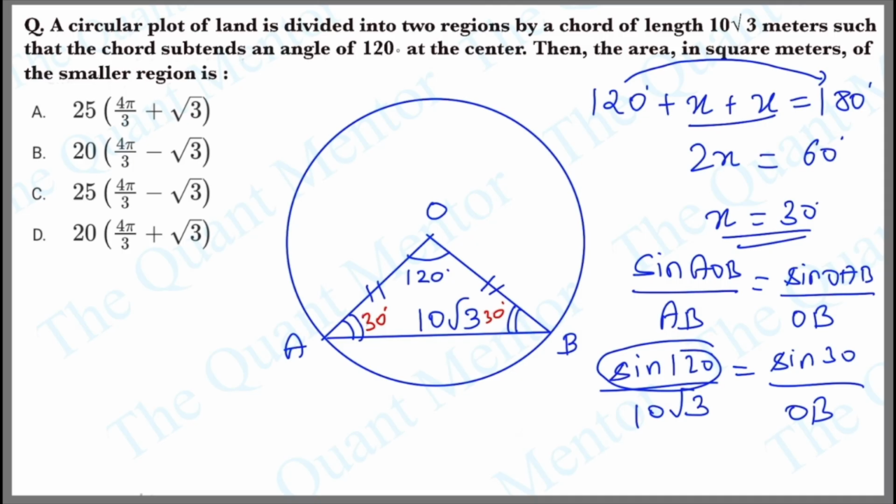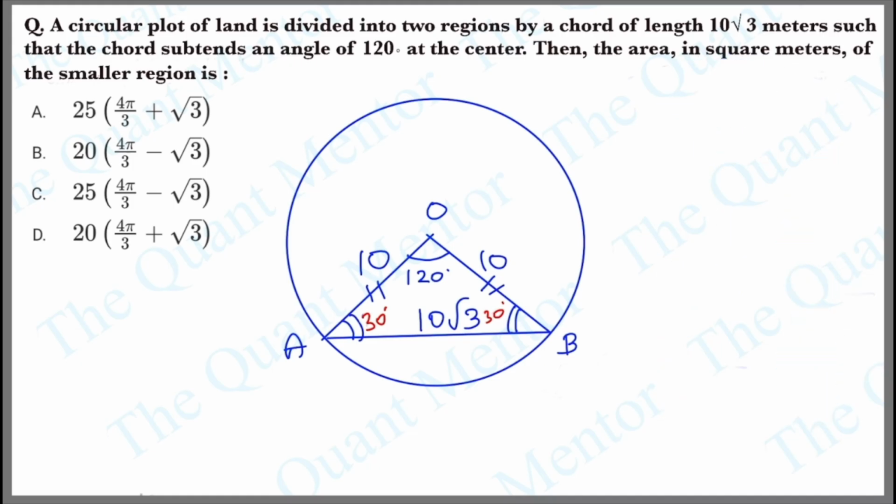Sine 120 will be the same as sine 60, or root 3 by 2. And sine 30 is nothing but half. So 2 and 2 will get cancelled out, and root 3 and root 3 also cancel out. OB will be equal to 10. So OB is 10. Similarly, OA is also equal to 10 in this case.